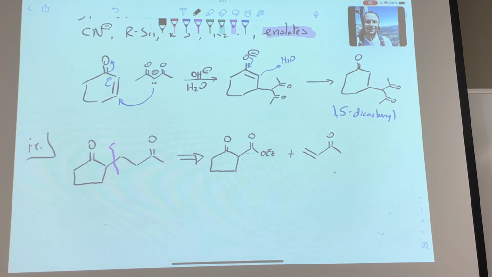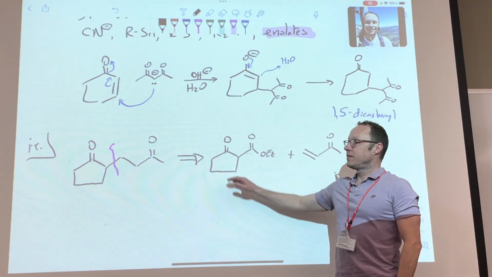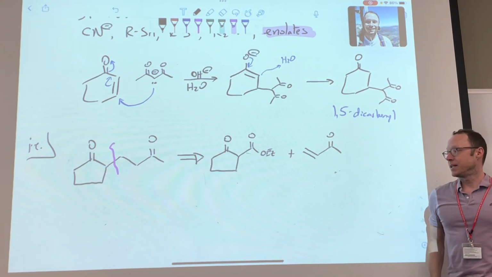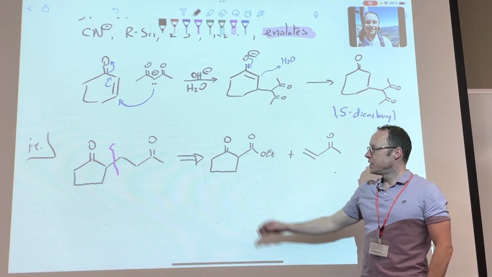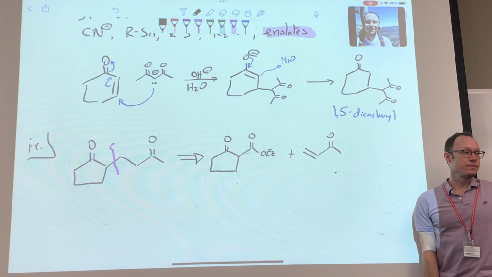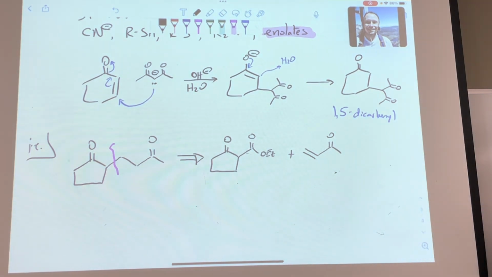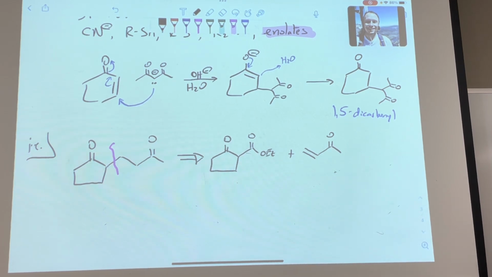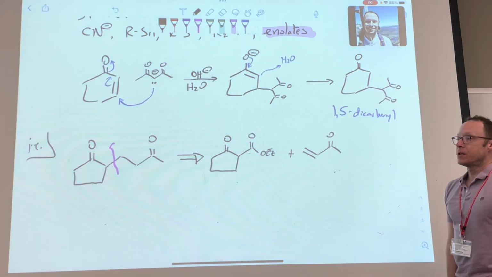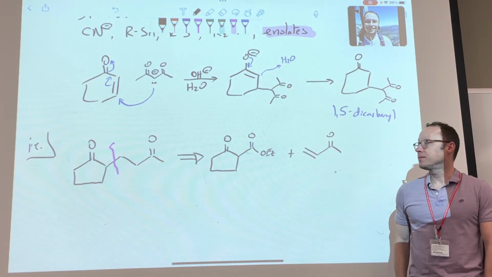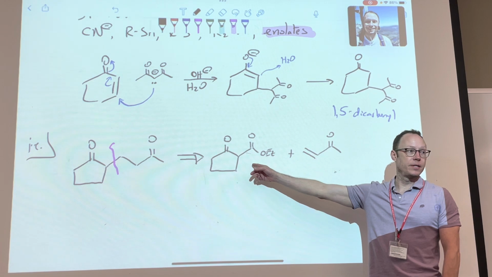By the way, how did I make that Michael donor here? We looked at a reaction that would do that. Look at it in terms of functional group. This is a beta keto ester.